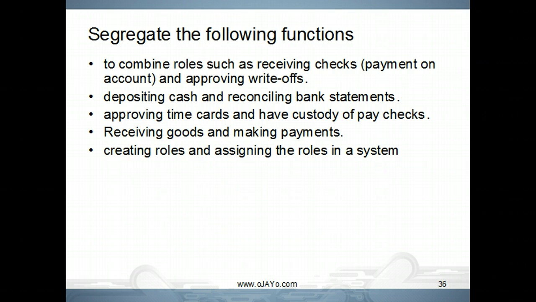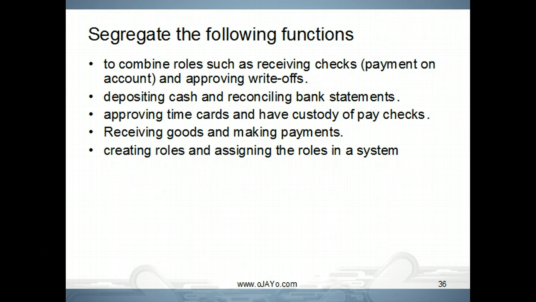So how do we segregate the following functions? These are examples of which functions need to be segregated. Receiving checks, like making payments on accounts, and approving write-offs should not be combined.